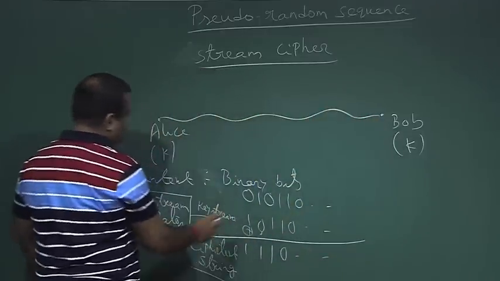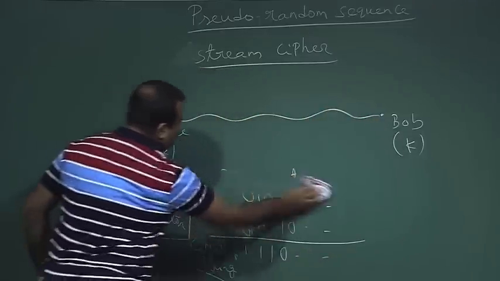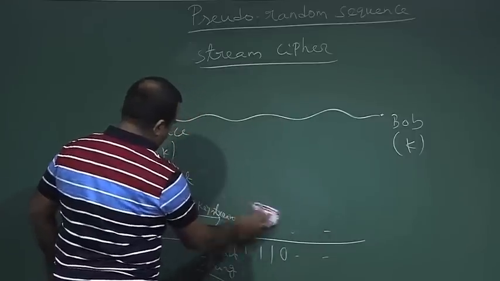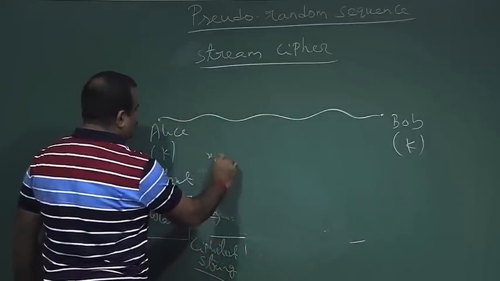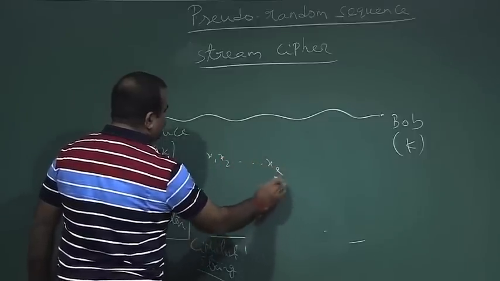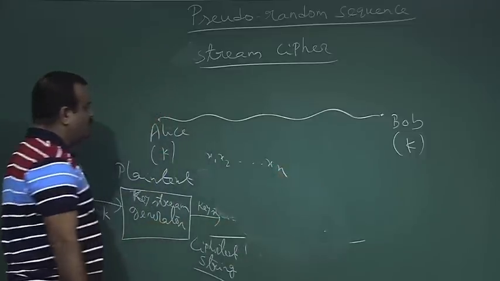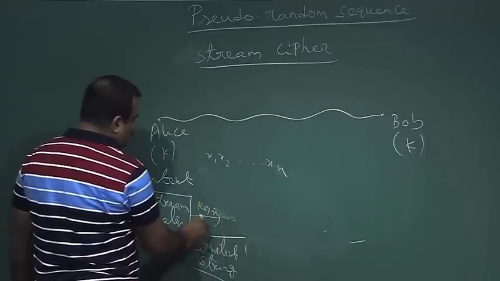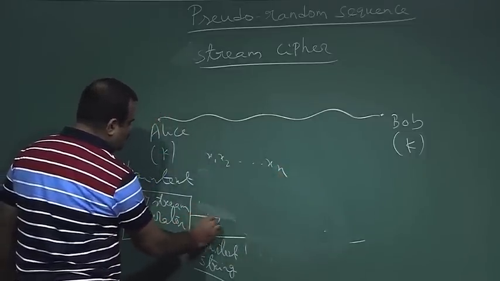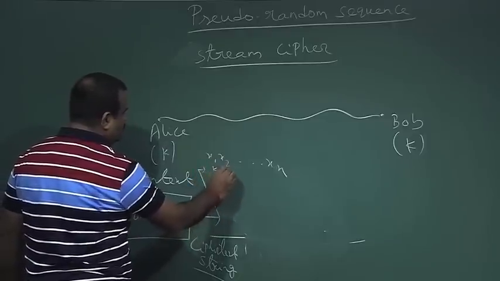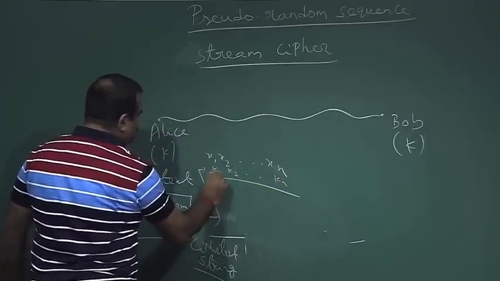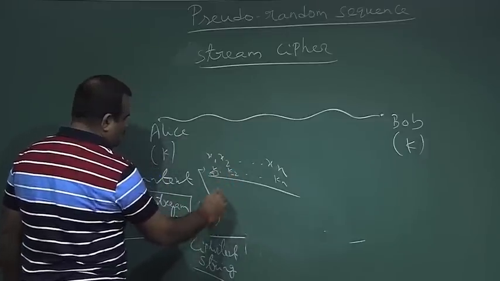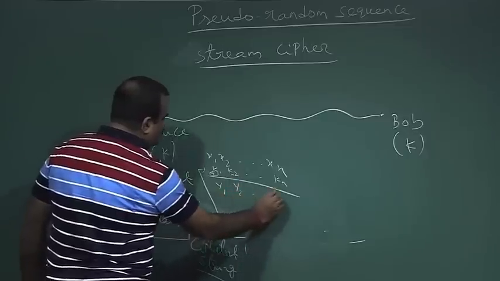So, if the plain text stream is say x1 x2 xn, if there are n bits, one has to get the key stream generator which gives us the key stream k1 k2 kn, and we do the bitwise XORing and get y1 y2 yn.